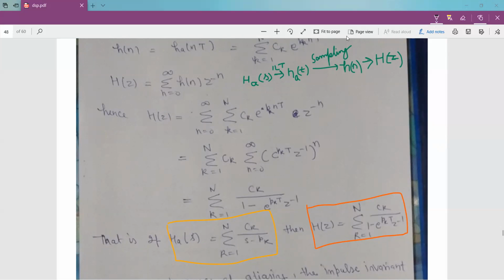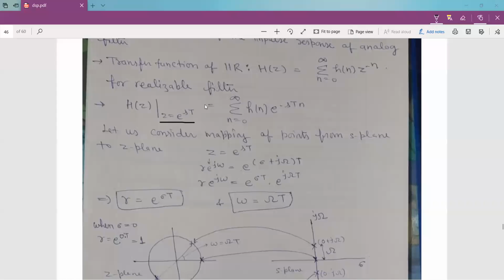In this transformation, z equal to e raised to the power sT, the mapping of a point from the S plane to the Z plane is done by this transformation. So we use z equal to e raised to the power sT as the transformation rule.